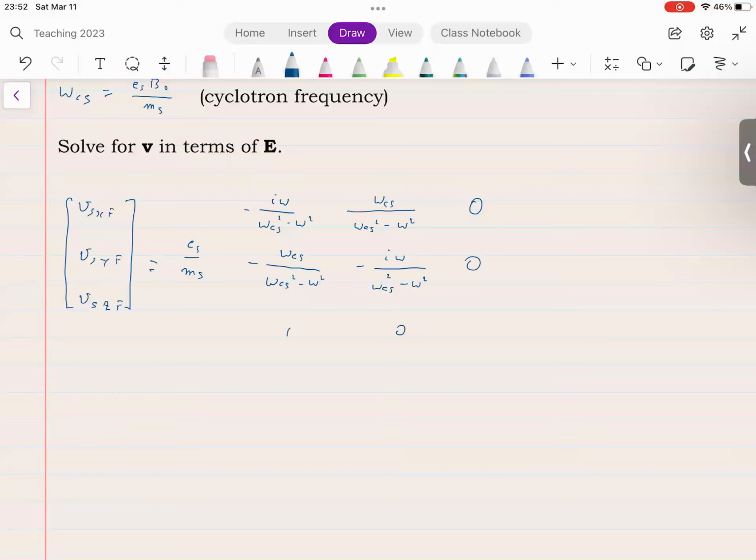And here I have 2 zeros, and i over omega.